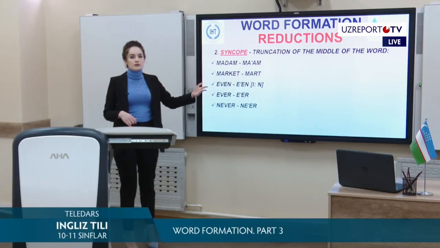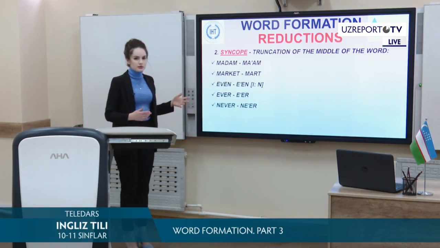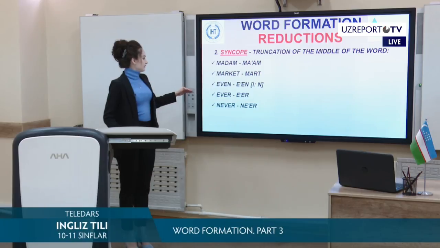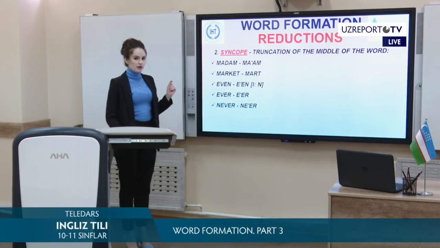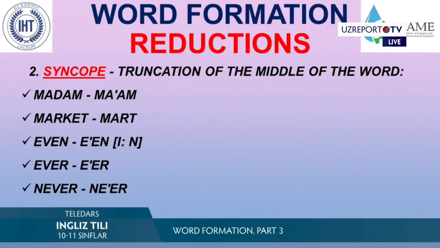And if you go in some supermarket abroad, you will see this word. It's spread enough. Even, e'en. Ever, e'er. Never, ne'er. Remember their pronunciation. And you should fix such kind of sign to show that this word was reduced.